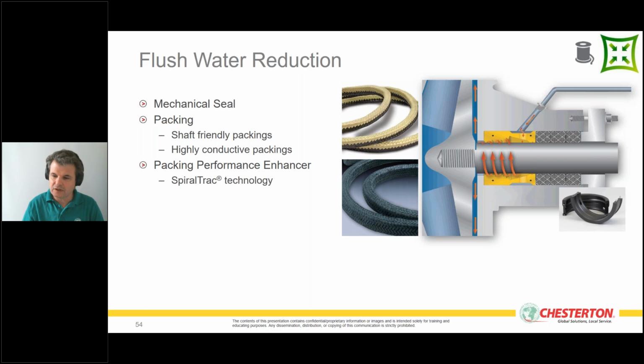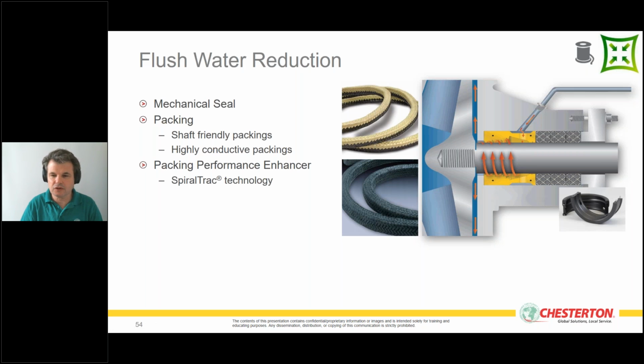On top of that, we can offer spiral track technology, a spiral-shaped bushing that, because of the centrifugal action from the shaft, takes the solids back into the volume of the pump. So that's a very good system.